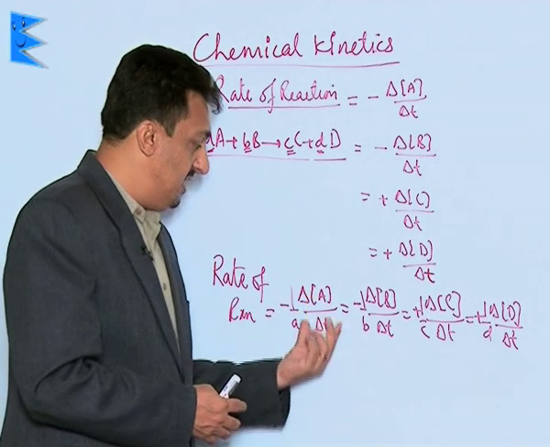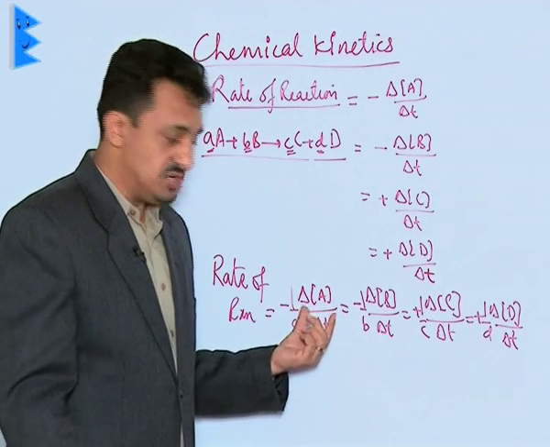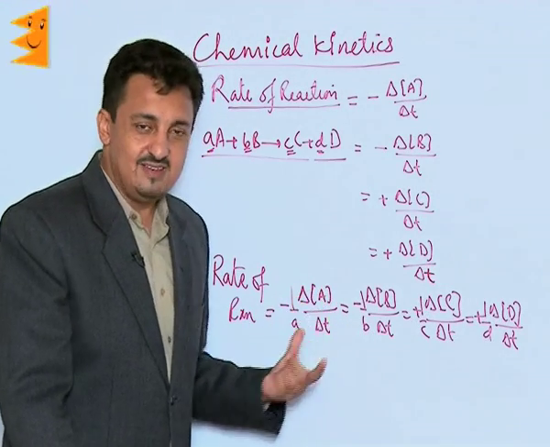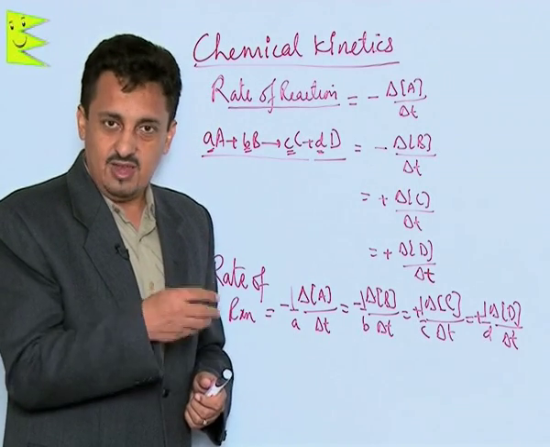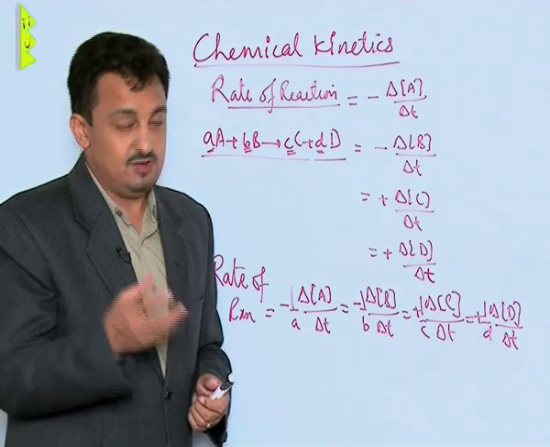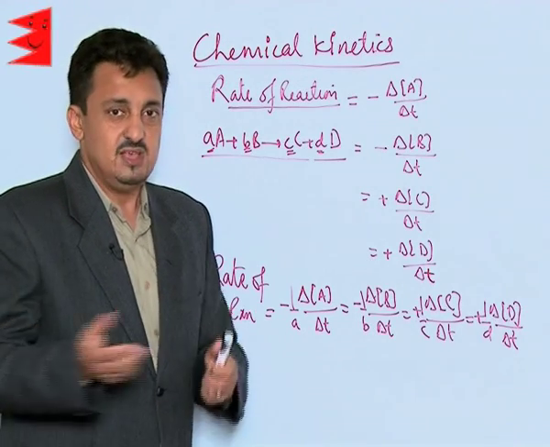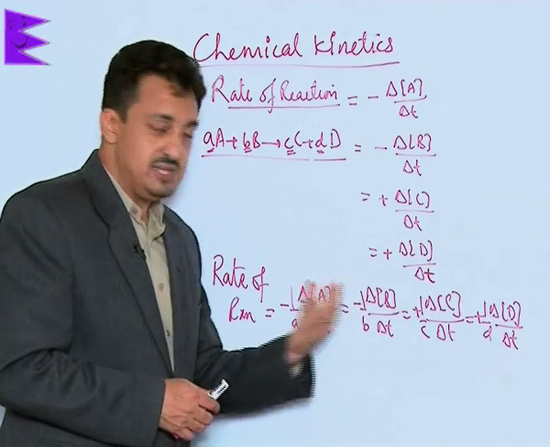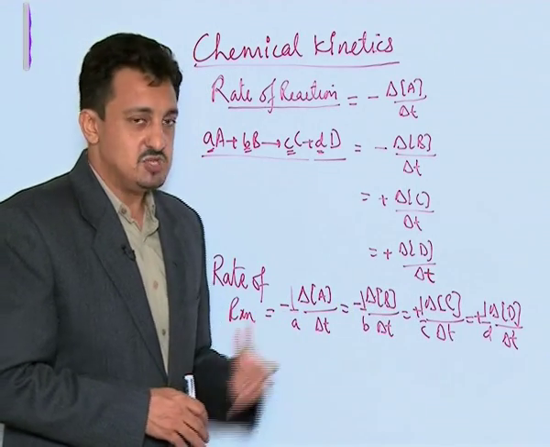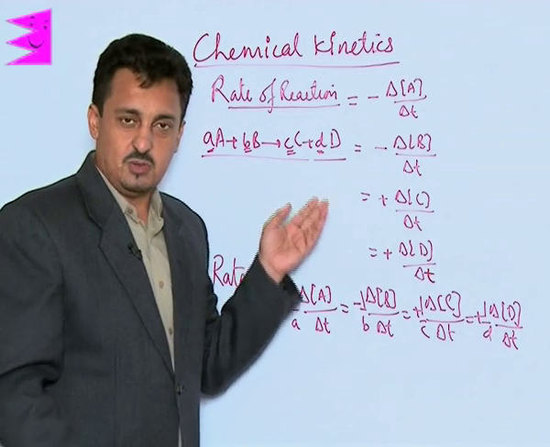And if we know the rate of a reaction with respect to any one of the reactants, yes, we can find out the rate of decomposition of the other reactant or the rate of formation of the products, by using these simple relationships which are obtained from the balanced stoichiometric equation.